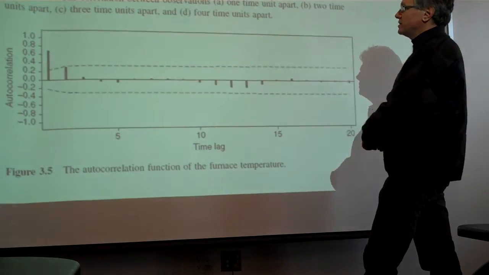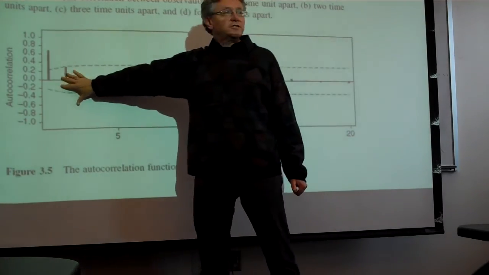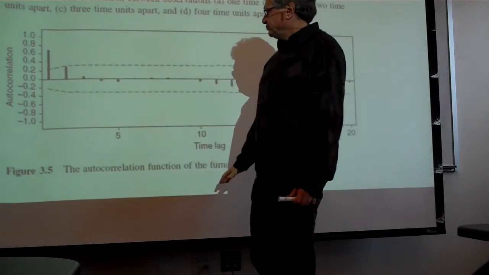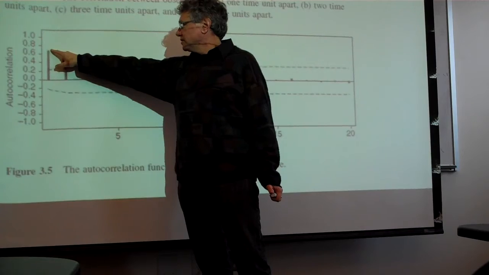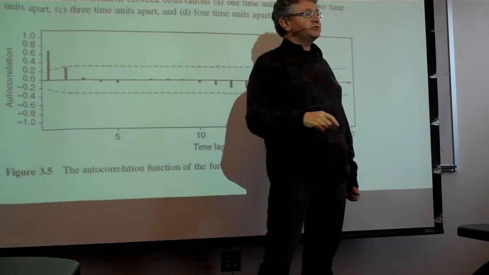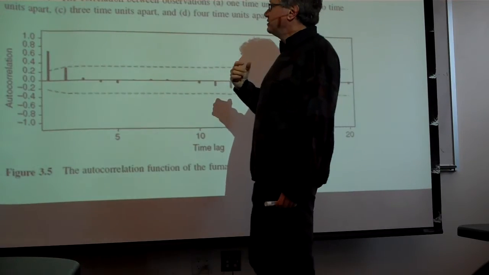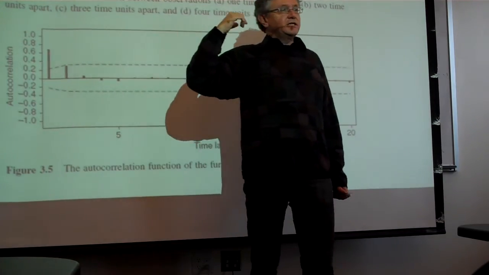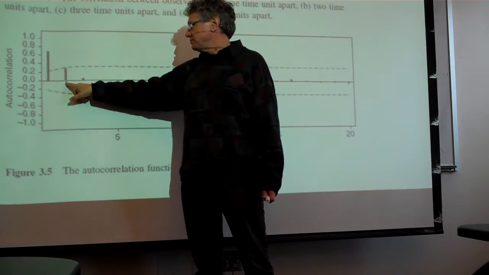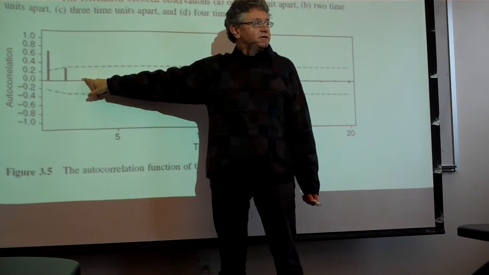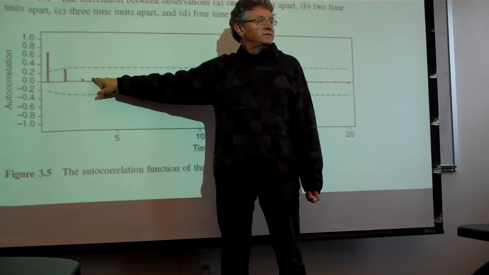We can summarize that with this autocorrelation plot. The heights of these bars are the correlation coefficients, the empirical correlations between Z_t and Z_{t-1}, between Z_t and Z_{t-2}, between Z_t and Z_{t-3}, and so forth.